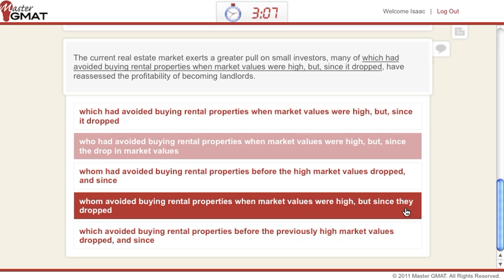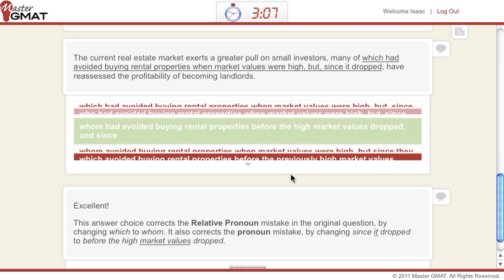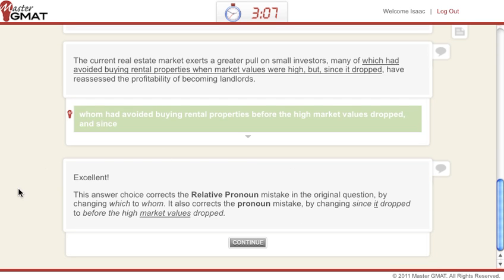So they can easily go back to rental properties or market values. It's not quite clear. Therefore, this is ambiguous, and therefore it is wrong. Therefore, we're left with basically C as the clearest answer, where all the pronouns are fixed, and that's it.